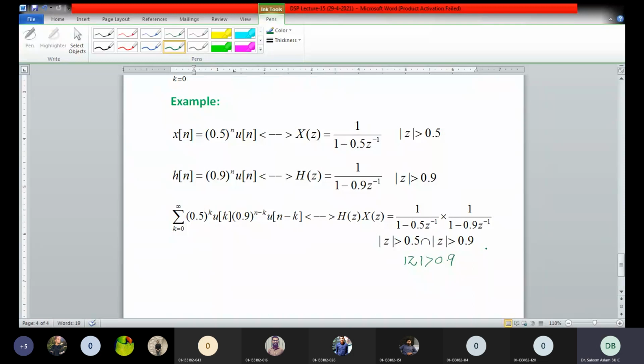Right, and then we discussed the stability and causality criteria, in which we discussed that if the ROC has the unit circle inside it, then the system would be stable. Then we discussed how to compute the inverse Z transform. We discussed a couple of methods: inspection method, the partial fraction method, and the power series expansion method.